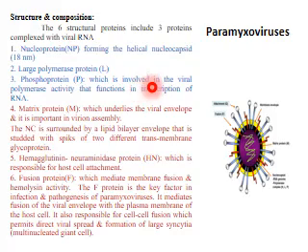And as you know, the RNA of these viruses is negative sense, so to be transcribed, it should be converted to a positive sense by polymerase enzyme. Fourth, matrix protein, which underlies the viral envelope, and it is important in virion assembly.